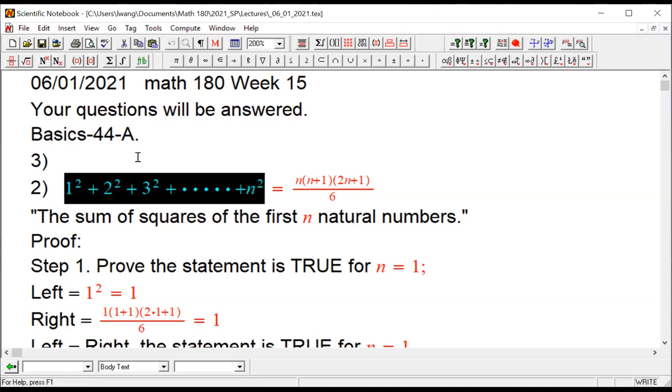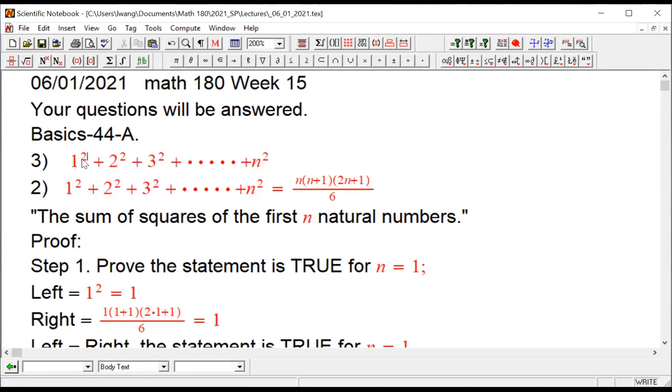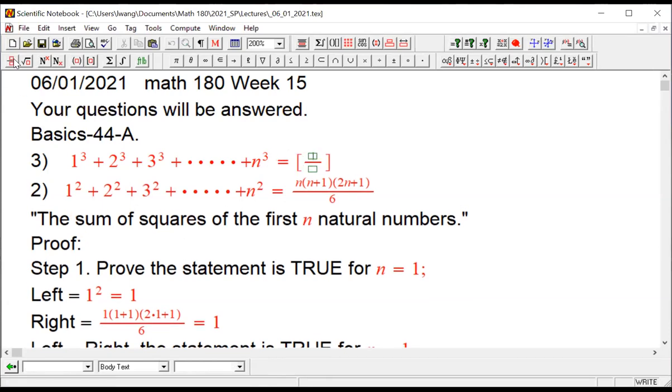Okay, so the third one, I want you guys to take the lead. Okay, this is part 3, and that is equal to that.